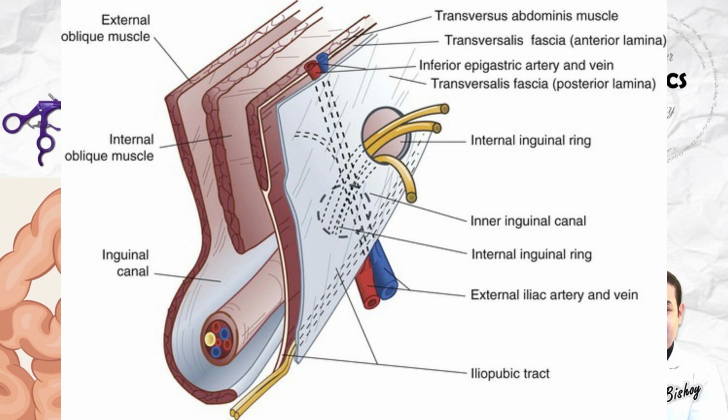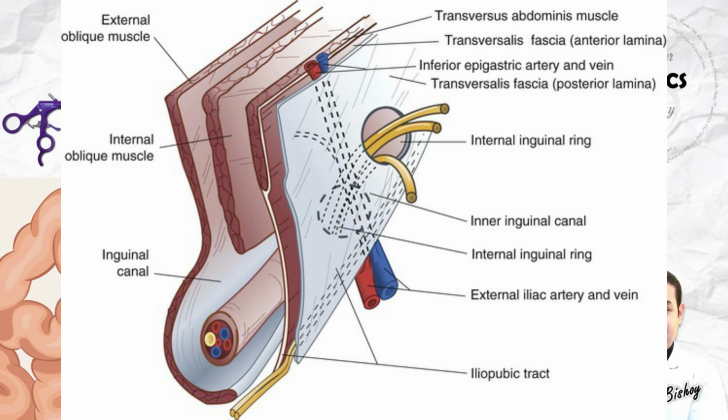It's of clinical importance as a potential weakness where the abdominal wall can undergo herniation. A defect at the internal inguinal ring will cause an indirect inguinal hernia, while weakness in the anterior abdominal wall will cause a direct hernia. So, take care.